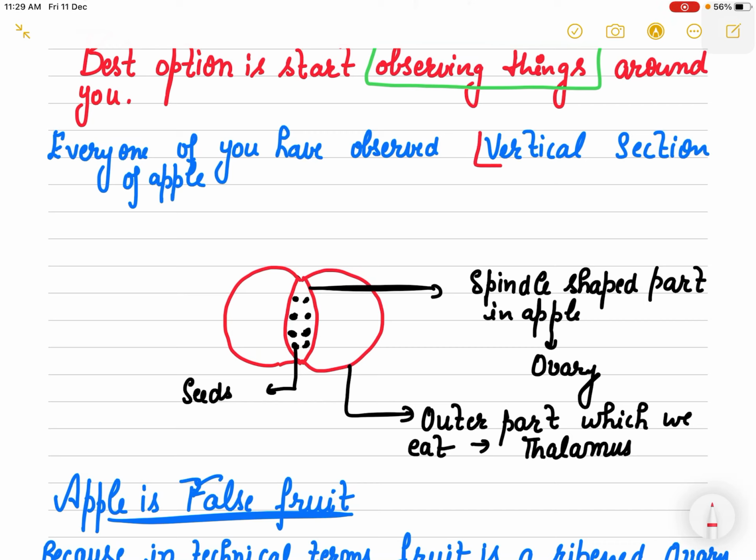We have seen the vertical section of apple. Definitely everyone has seen the vertical section of apple.